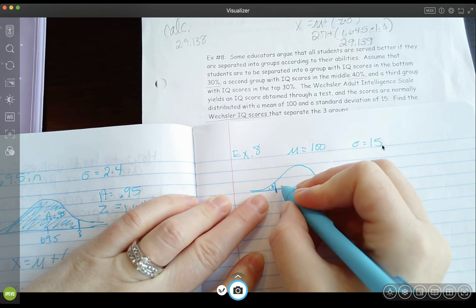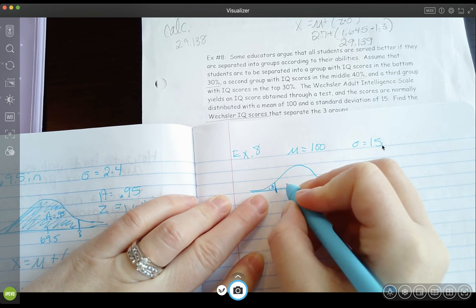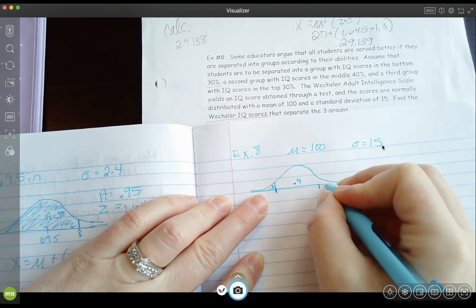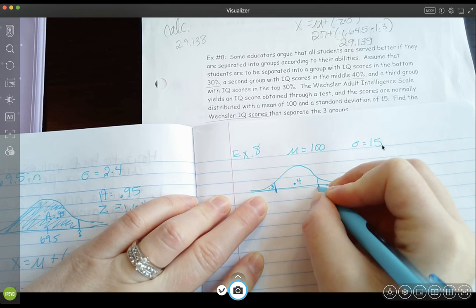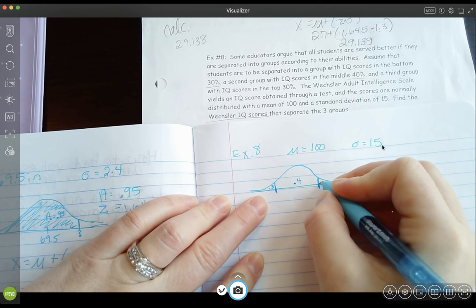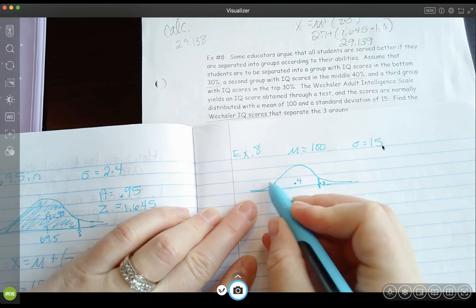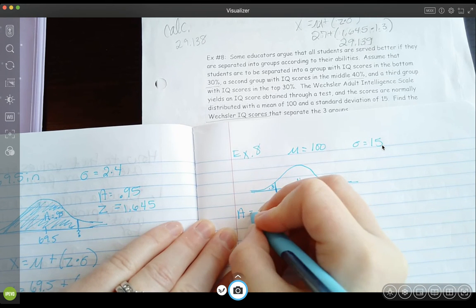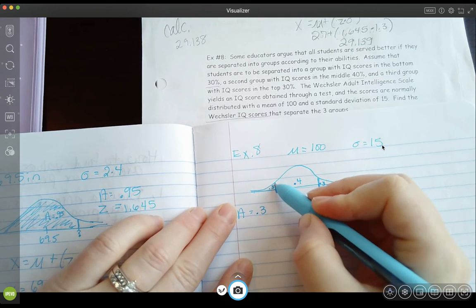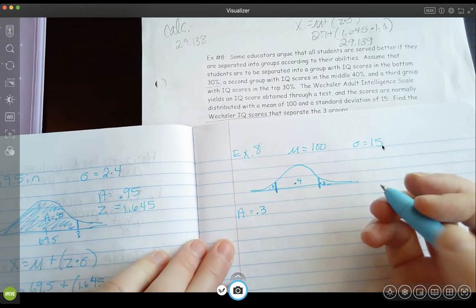So we want the middle 40 right here. And then this is right there. And then the top 30. So the area here is going to be 0.3. So let's find out what this number is using area of 0.3.